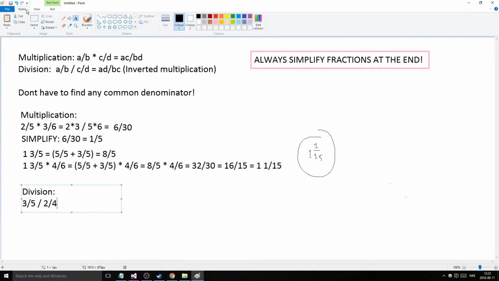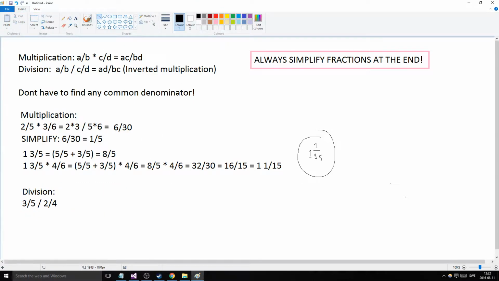Okay, so let me try to show you that in a better way here. Where's my pencil tool? Here. So we have 3/5 divided by 2/4, right? We want this to be a 1.